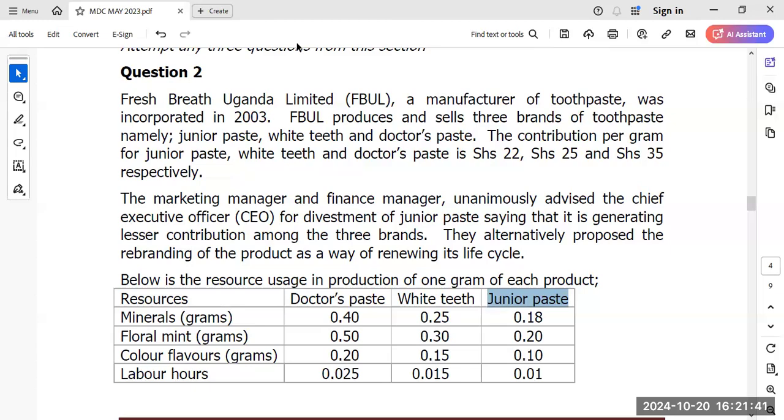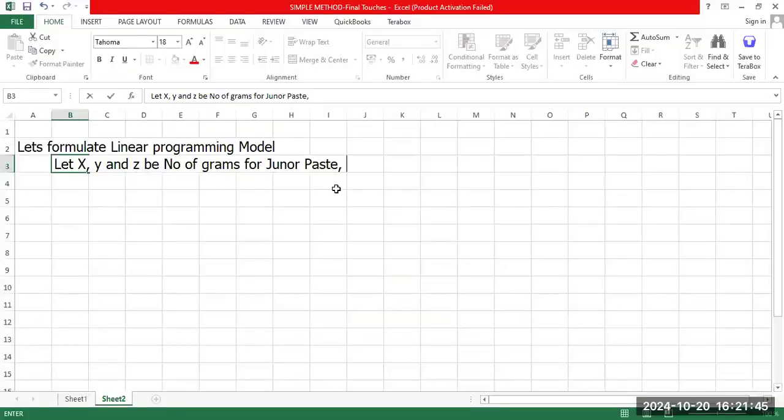Any student can define, can say X be White Teeth, but you just need to be strategic. And once you define it, don't change.